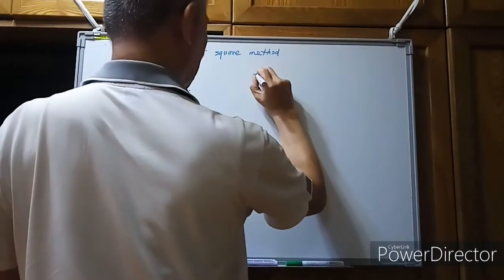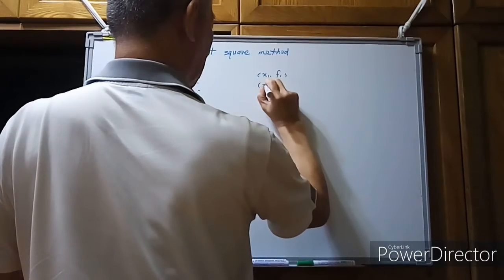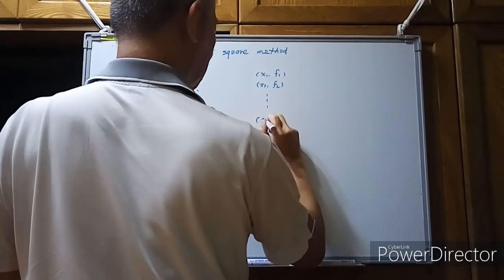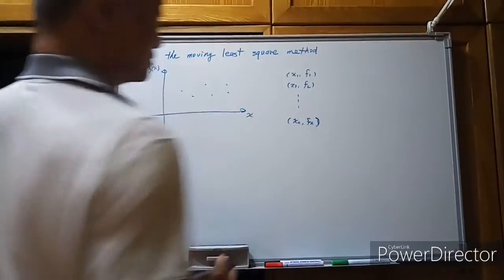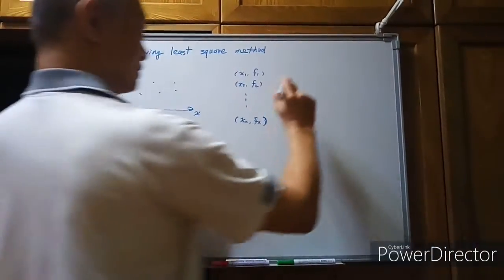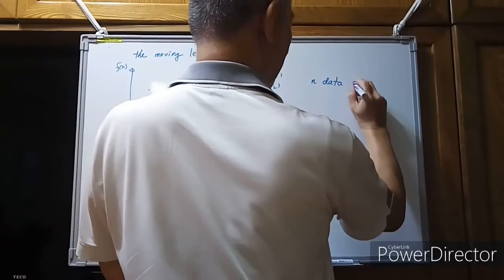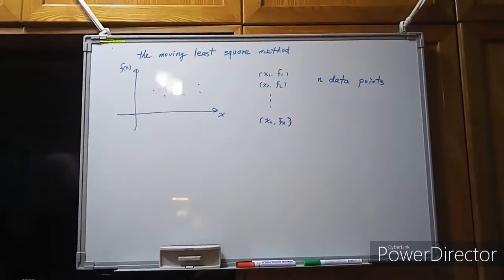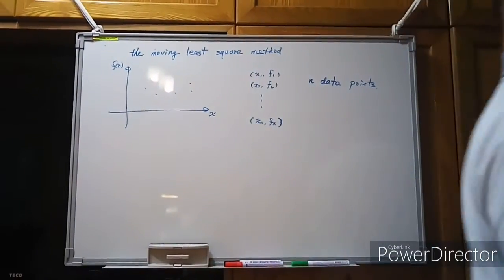So we have x1, f1, x2, f2. Totally we got n data points. Okay, in the previous derivation, we got only one.